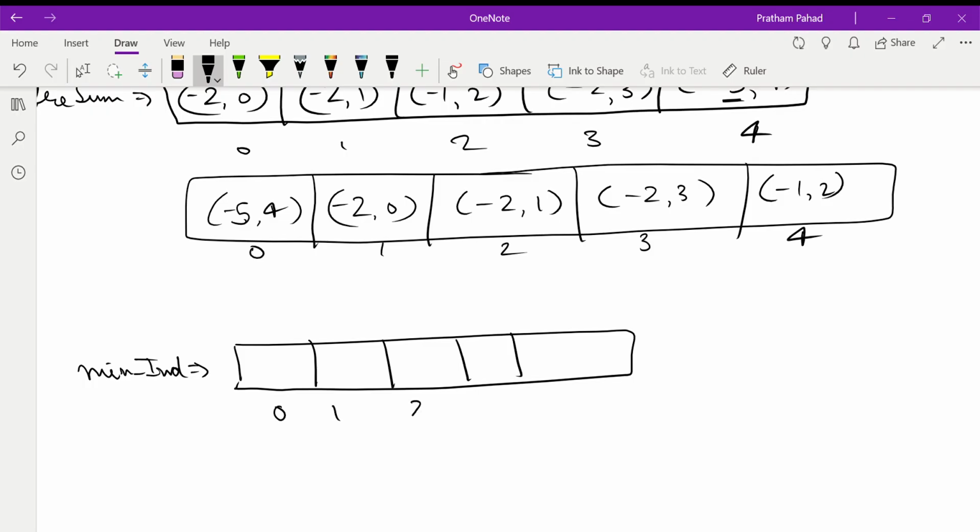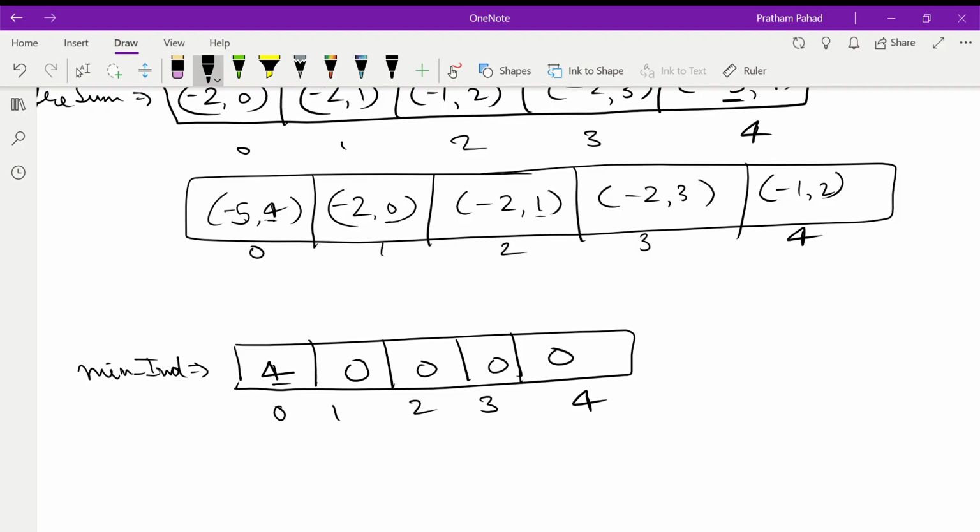Currently our minimum index is 4 here. Now when we compare this with this, it will be 0. Now compare 1 with 0, 0. Initially again 0, and then 0 only. This is our minimum index.